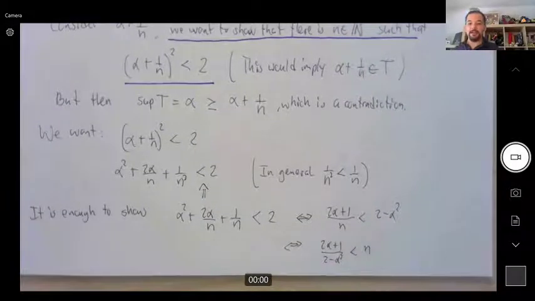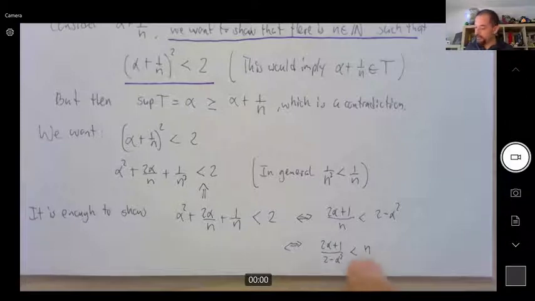And that's it. This tells me what n I need to choose: an n that is bigger than this number. And we can always find a number n as big as we want by the Archimedean property. The Archimedean property tells us that you can find a number as big as you want.